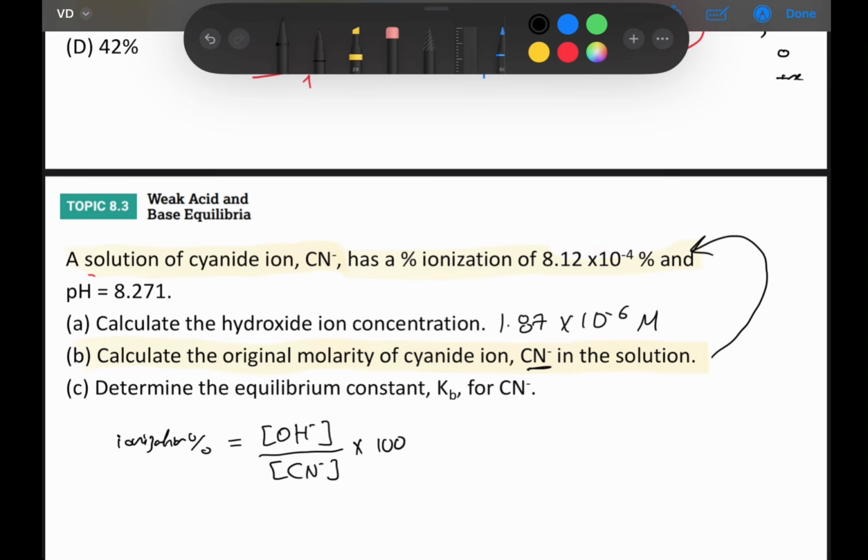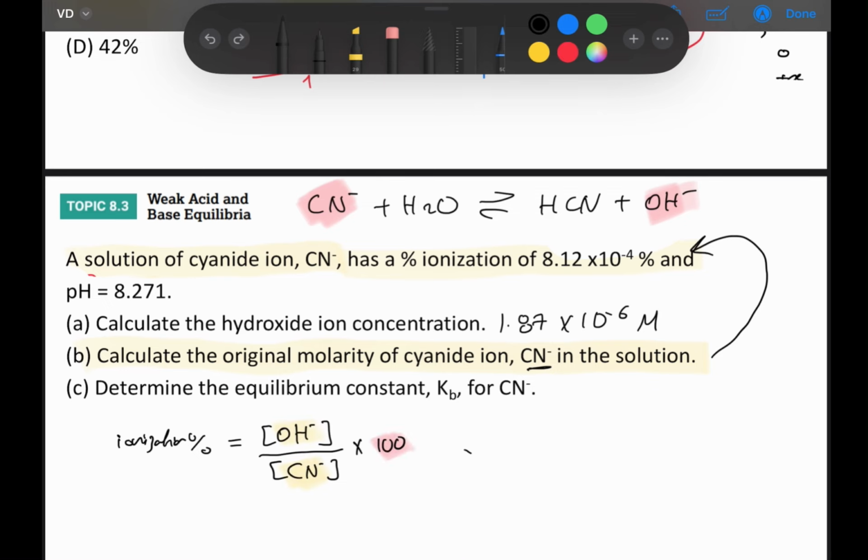Just keep in mind your solution is basic and your base is CN. If it reacts with water or dissociates in water, it will produce the conjugate acid in addition to hydroxide. The percent of ionization tells me that you should divide the concentration of hydroxide over the original molarity of your base multiplied by 100.